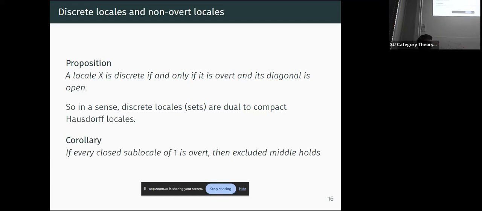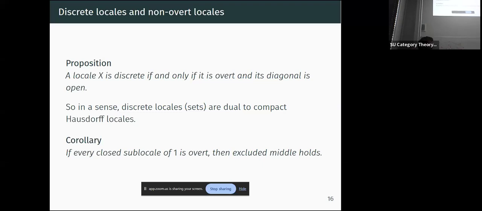And now I say corollary, if every closed sublocale of 1 is overt, excluded middle holds. Why do I say this? Well, a closed sublocale of 1 will still have open diagonal because 1 has open diagonal. But a sublocale of 1 is only going to be a subset. All sublocales are subsets only if excluded middle holds. We've already seen that. But if it were overt, it would be a set.